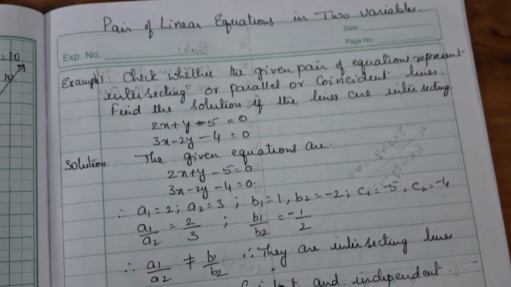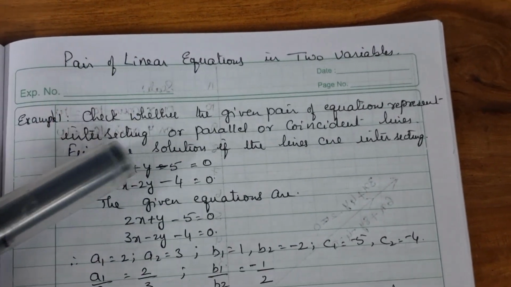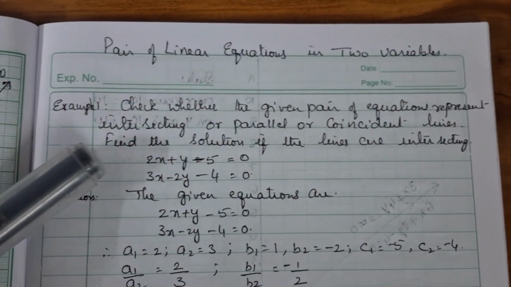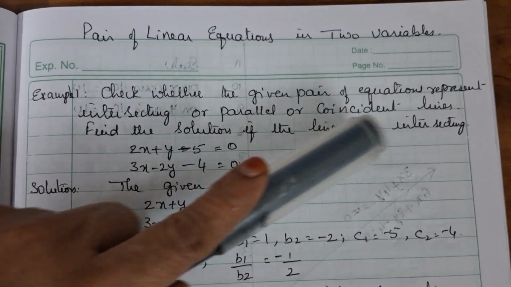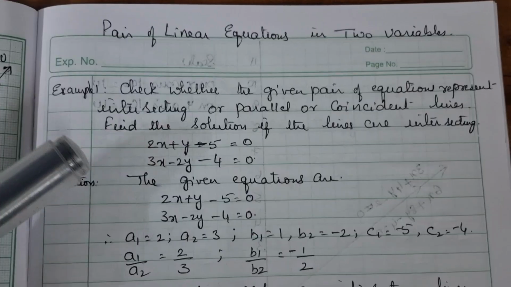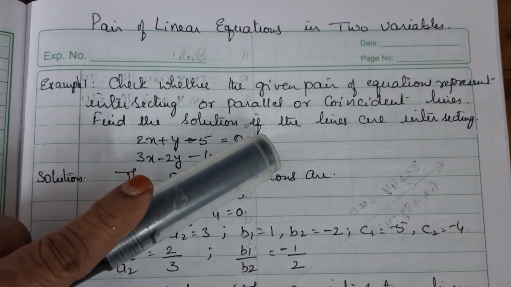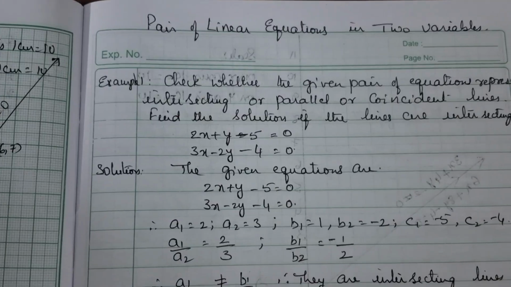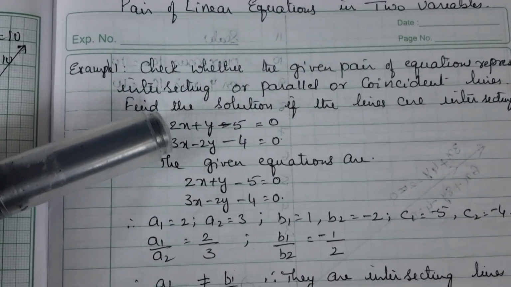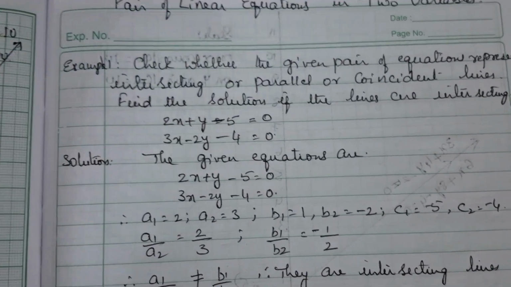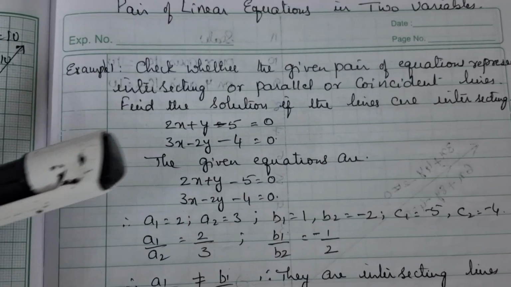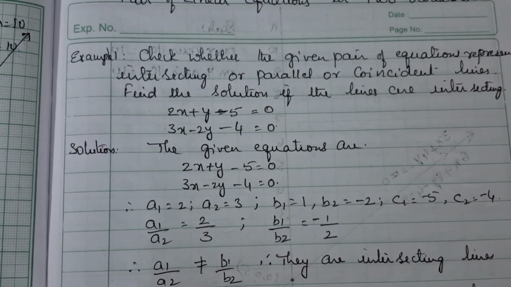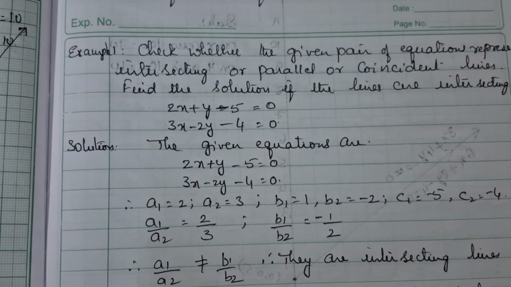The first one is: check whether the given pair of equations represent intersecting or parallel or coincident lines, and then find the solutions if the lines are intersecting. So the question is what? They have given a pair of equations, and they are asking you to check whether these two are intersecting lines or parallel lines or coincident lines.